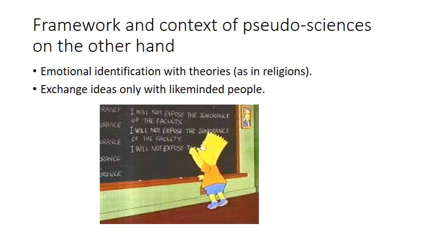And that is exactly what is lacking in the pseudosciences. In the pseudosciences, and we've covered that, there's this kind of emotional identification often with theories, as is the case in religion. So we're not willing to have our theories critically analyzed. And so what pseudoscientists often do is only exchange ideas with like-minded people who have the same emotional identification to the same kinds of theories.